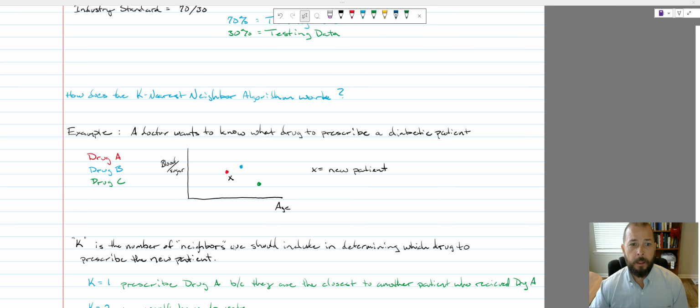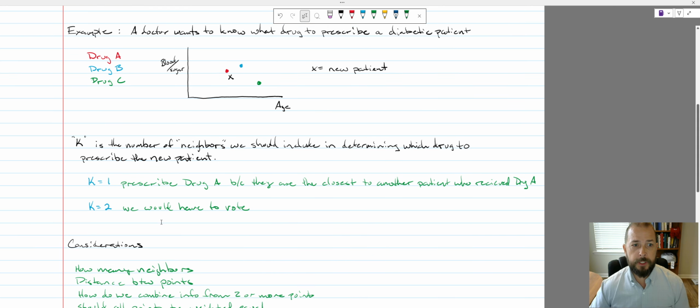For instance, if I were to look at just a K equals 1, which means I'm only going to use a single neighbor, a single person in this algorithm to try to determine how to prescribe this new drug, then I would prescribe drug A in this instance because they are actually the closest to the patient that we were trying to determine what drug they're going to get.